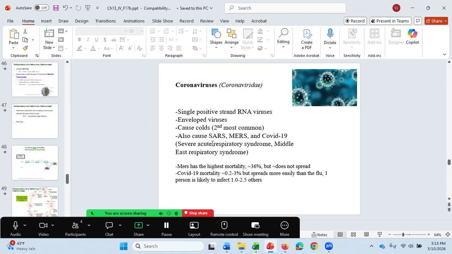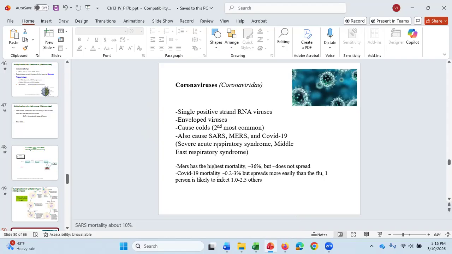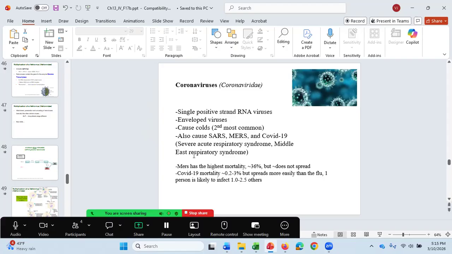SARS was a coronavirus that first started in 2003 in China, and it actually did spread to the world. However, all of the SARS variants were symptomatic, so there were no asymptomatic patients that we know of.